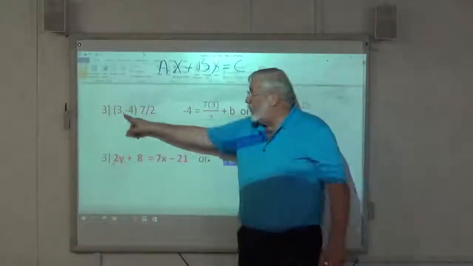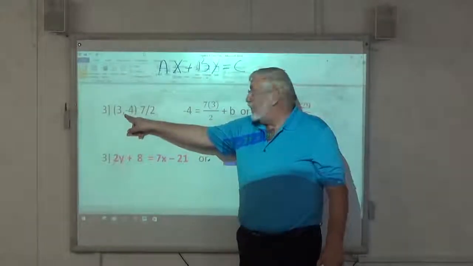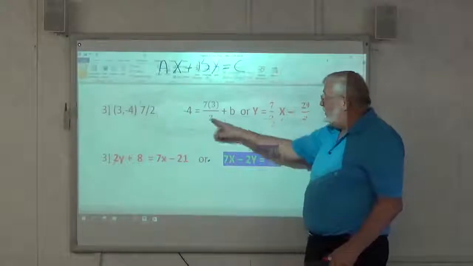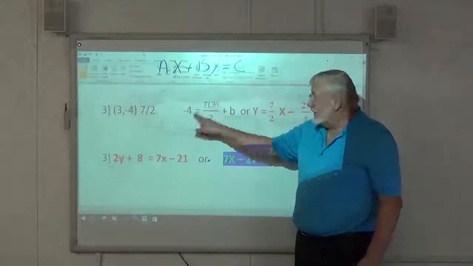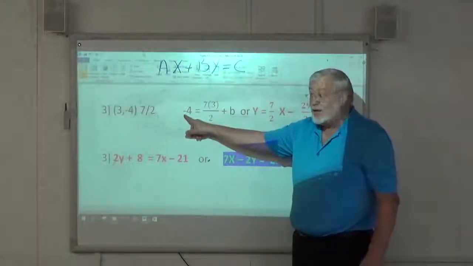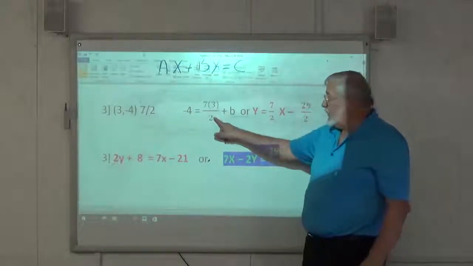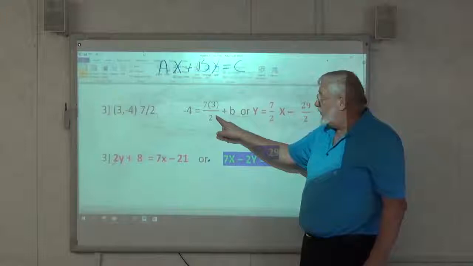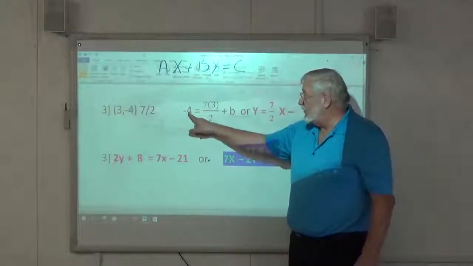All right, my point is 3, negative 4. My slope is 7 over 2. So the 3 is the x, the negative 4 is the y. All right, in order to be able to do this, what do I have to do? I got to get rid of the 2. What's 2 times negative 4?